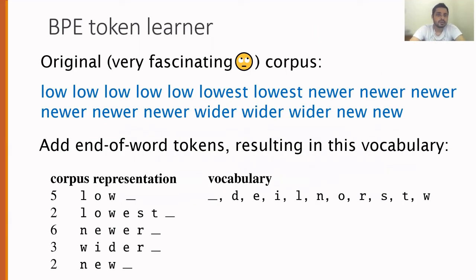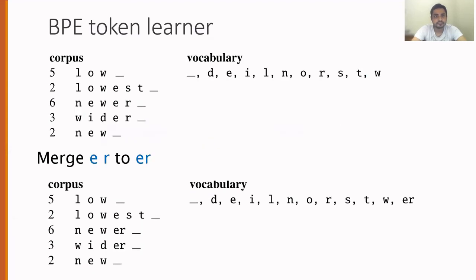Let's look at the BPE token learner in a better way. The original corpus, as you can see, is highlighted in blue color. Add end of word tokens, resulting in this vocabulary. So the first step is to find which are the most frequent adjacent characters.